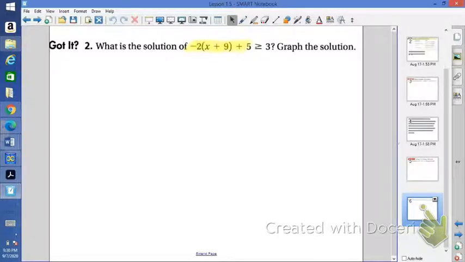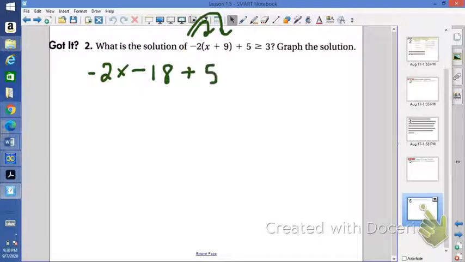I can simplify the left-hand side, and I'm going to do that by distributing the negative 2. So negative 2 times x is a negative 2x. Negative 2 times a positive 9 gives me a negative 18. And then I add 5, and that has to be greater than or equal to 3. Alright, combine like terms.